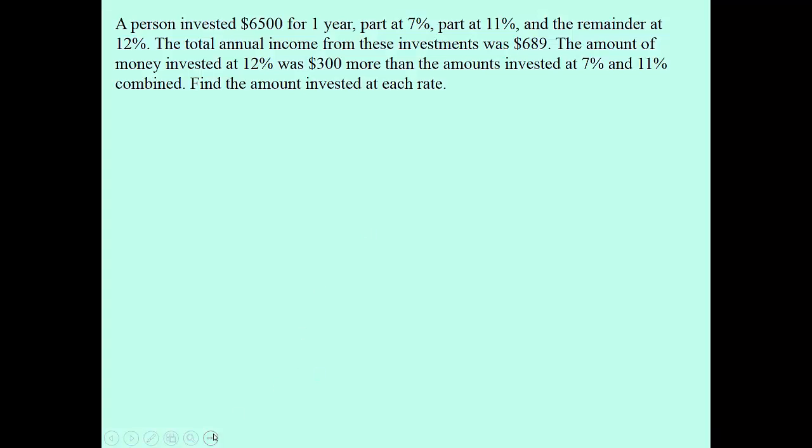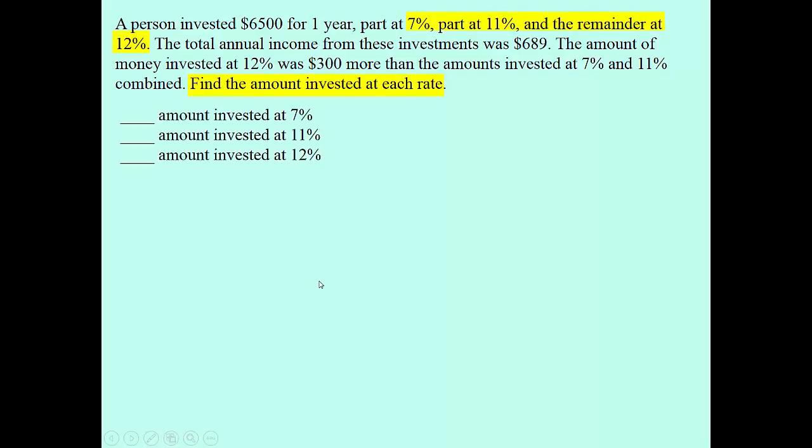Here's a very similar problem to the last one, but notice we now have what? 3 different investments. No big deal. We call one of them x, one of them y, one of them z. Now, however, step 2, we've got to come up with 3 different equations. Starting with the very first part, if they have $6,500 to invest, that means the 3 together have to be $6,500.